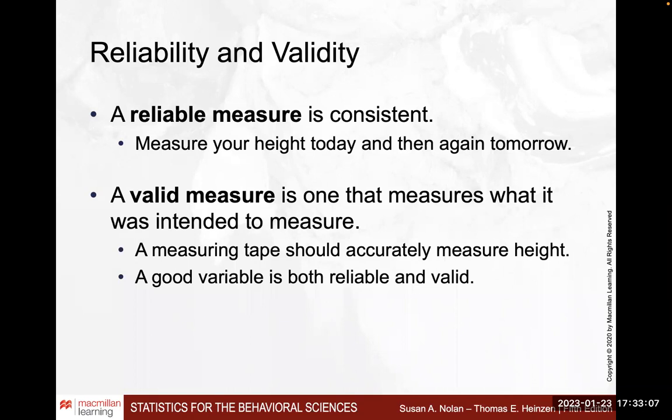Because with some methods, you probably heard the term calibration of a measurement. If you calibrate a measurement to some characteristic, and then you measure it repeatedly and you get consistent measures, that doesn't necessarily mean it's valid.